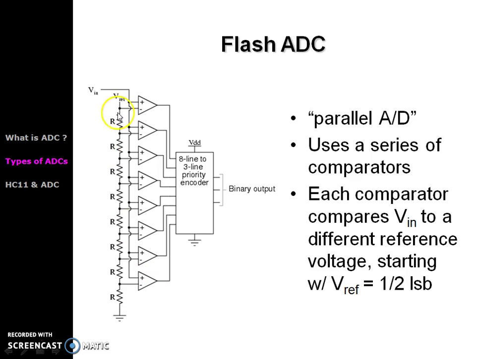One end of each comparator is connected to the voltage divider network from V reference, and one more terminal is connected to Vin, the positive terminal. For all the positive terminals we connect Vin, and for all the negative terminals we connect the reference voltages.